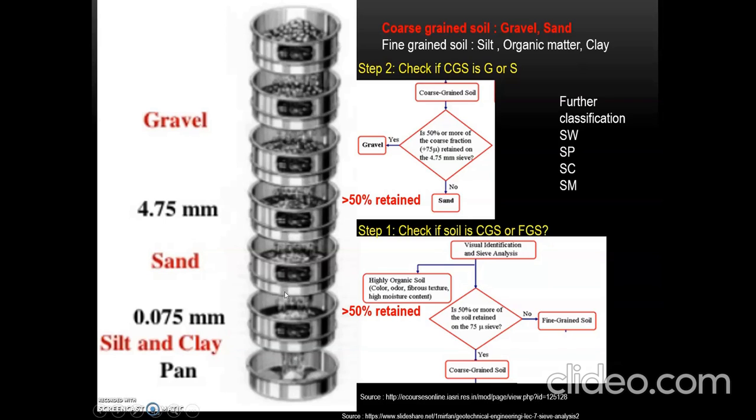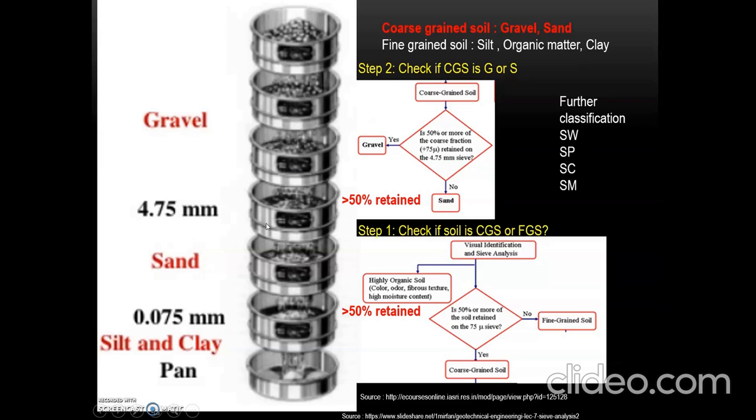Once all the sieves are placed one below the another, they will be placed in the sieve shaker. After the soil sample is placed on the top of the 4.75 mm sieve, the sieve shaker will be run for about 10 minutes, due to which there will be flow of the soil particles from one sieve into the another. After that, we will have to measure the weight or the mass of the soil retained on each of these sieves.